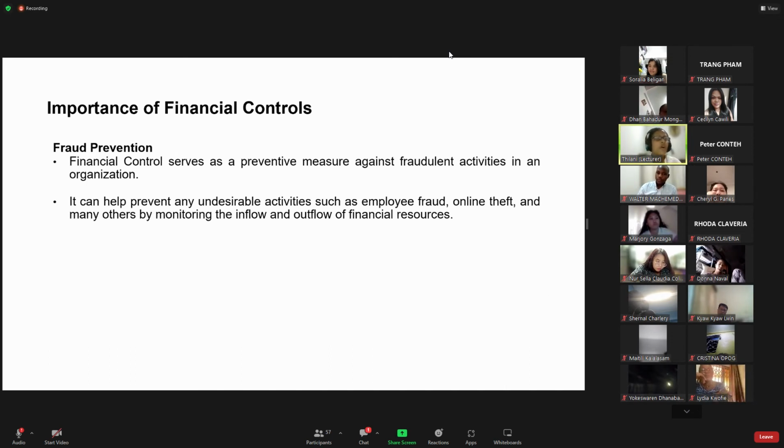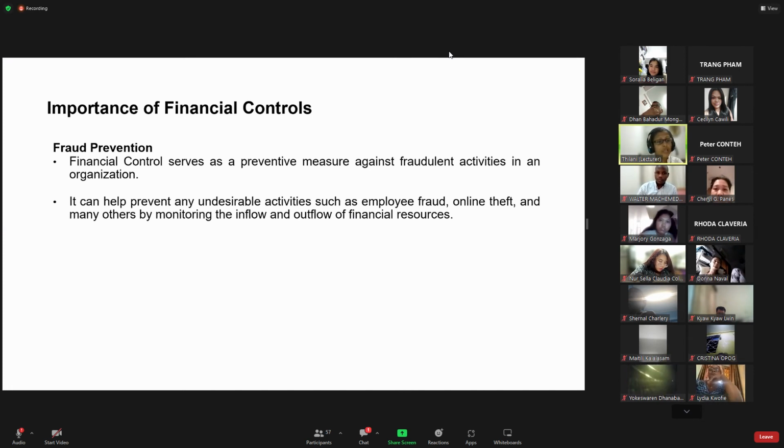And also fraud prevention. What is fraud prevention? Who likes to answer this question? Anyone? What is fraud prevention? It is any kind of fraudulent activity that could happen in an organization, and prevention is preventing those unethical or fraudulent activities.